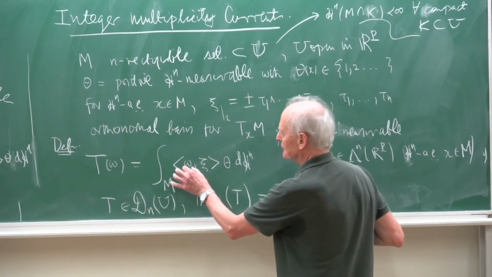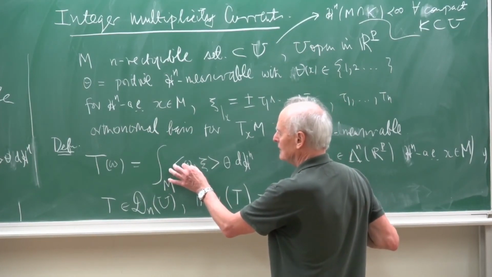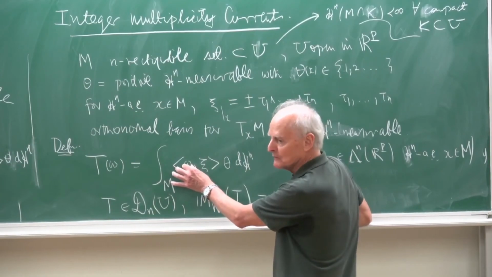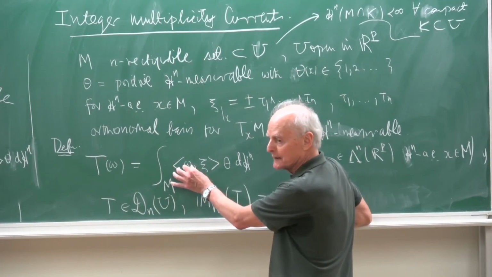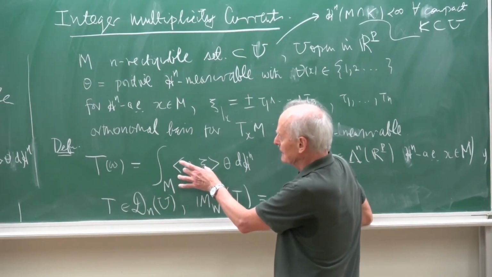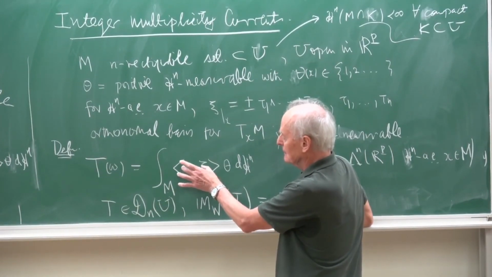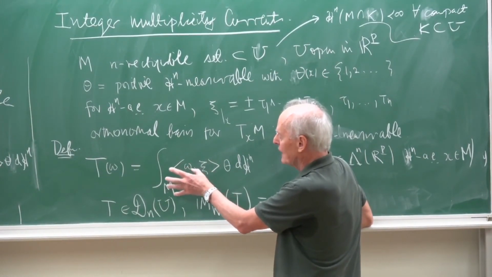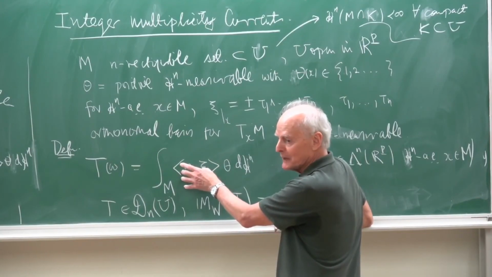I think you can see if you take the sup over all smooth n-forms with length less than or equal to 1, you'll clearly get, you can make that as close to 1 as you like, except on a set of small measure.